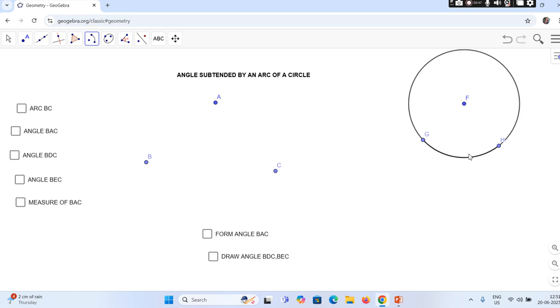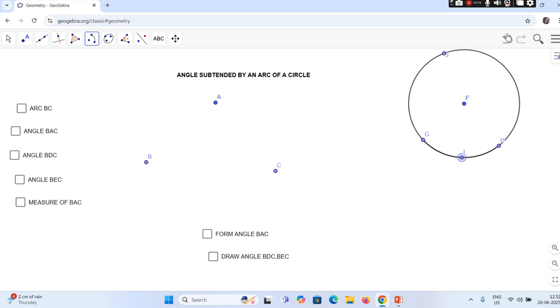I am taking another point I. So this is minor arc GIH, depending on the length of the circumference of the circle. If I am taking a smaller length, then it will be a minor arc. If I take a greater length, say GJH, then this arc will be known as a major arc.